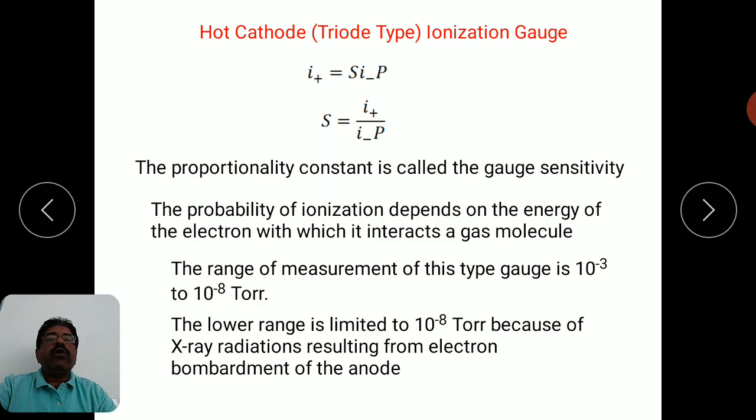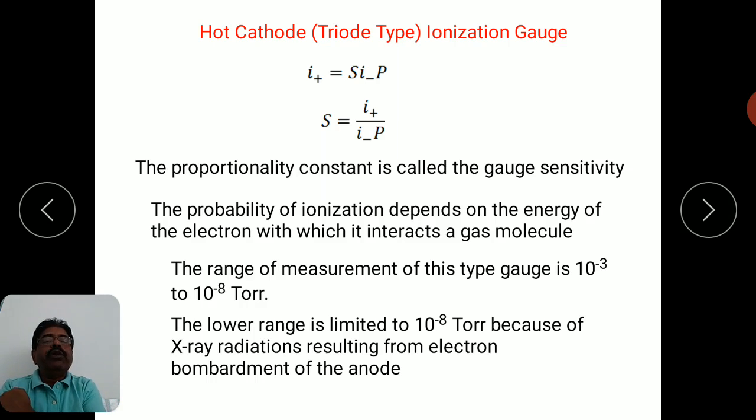A particular electron, when emitted from the filament and accelerated towards the anode, may not have a collision because there are fewer gas molecules present inside the chamber. So it may not collide with any gas molecule and will directly strike the anode.